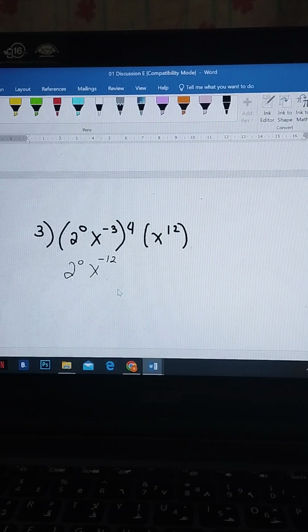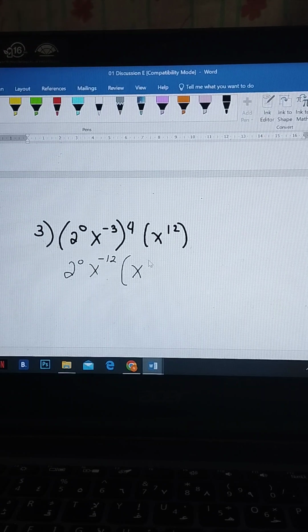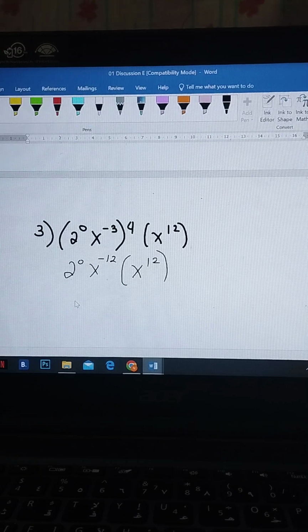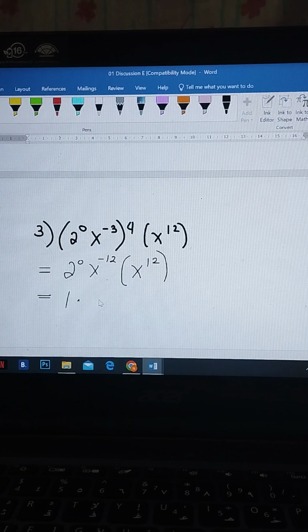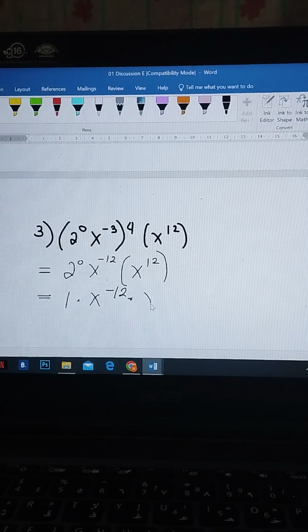Then times x raised to 12. Okay, so 2 raised to 0 is equal to 1 times x raised to negative 12 times x raised to 12.